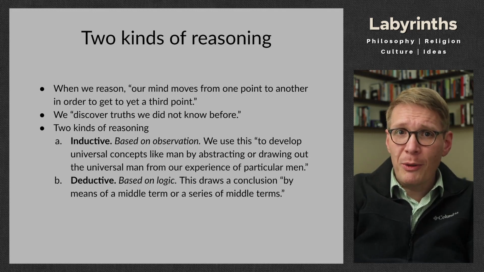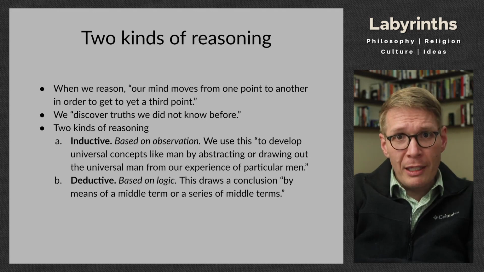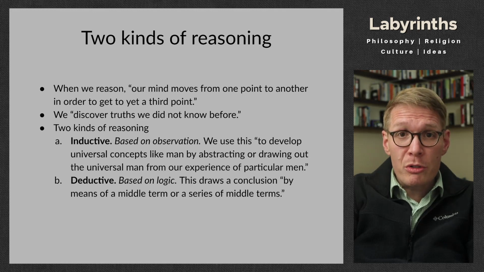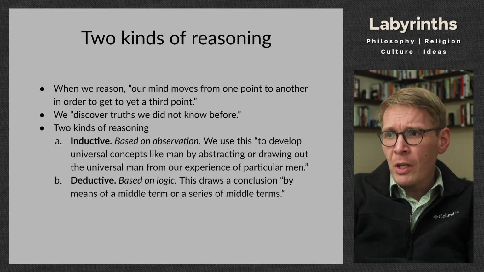I have certain experiences of the world. This may or may not be reliable. I may or may not be clear in my thinking and perception, but I am drawing certain conclusions from that. And we might even say those are provisional conclusions. If I encounter new evidence, I might need to revise those conclusions.